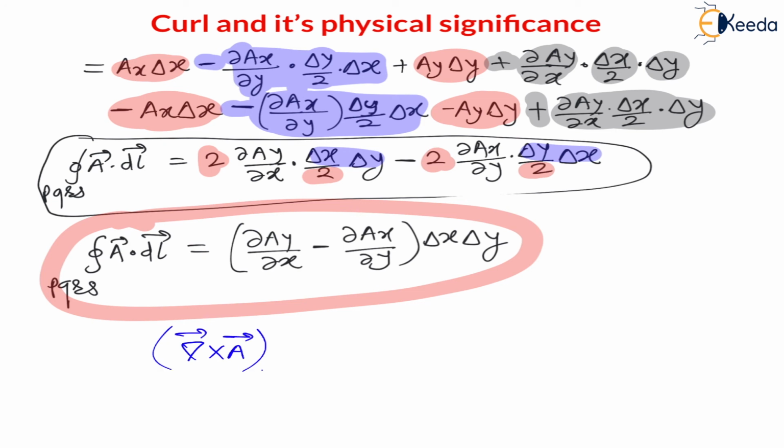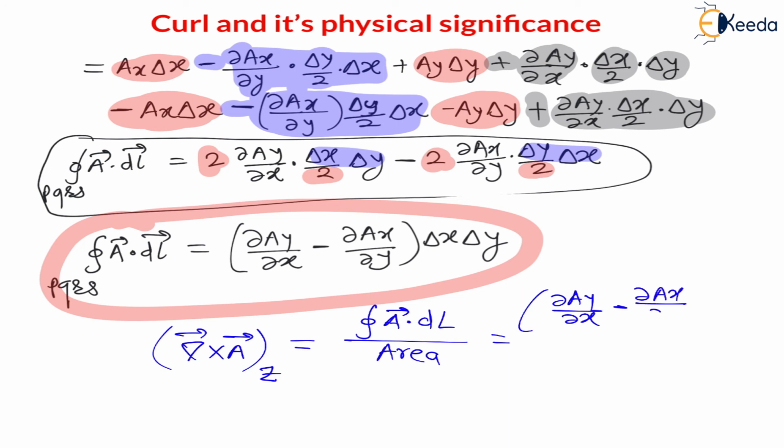Along z axis means rotation along z axis is nothing but, by definition, the line integral over a closed loop PQRS divided by area, which is equal to, we can say, dou ay by dou x minus dou ax by dou y into del x del y divided by area, which is del x del y.